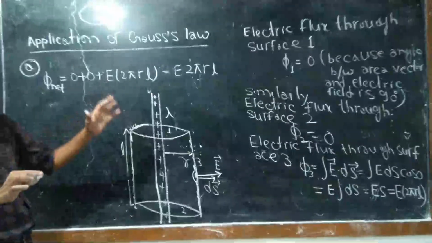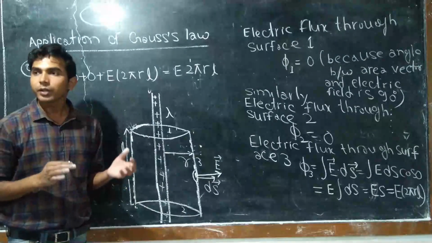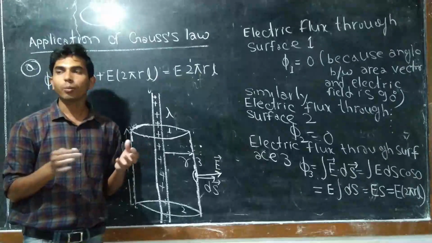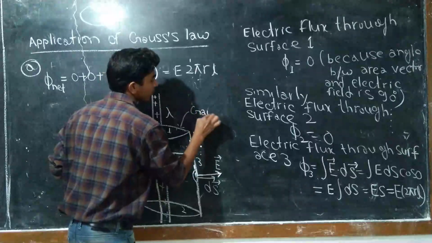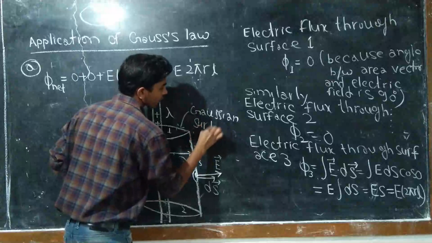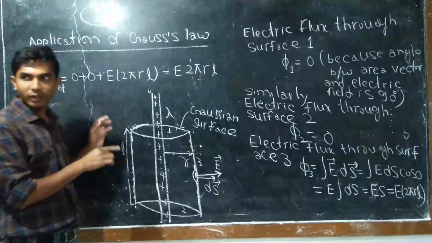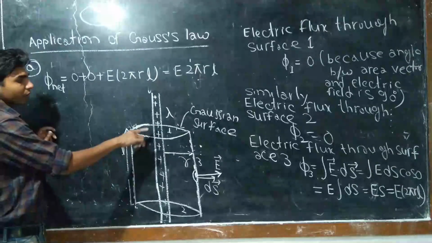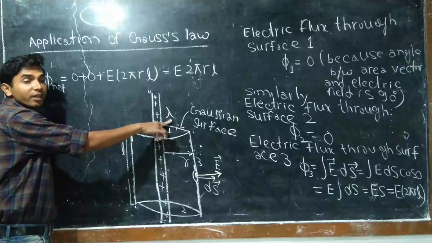Next we have to find how much charge is inside this Gaussian surface. Charge Q in, that means how much charge is inside this Gaussian surface. The Gaussian surface is an imaginary surface. Here the linear charge density lambda is given.